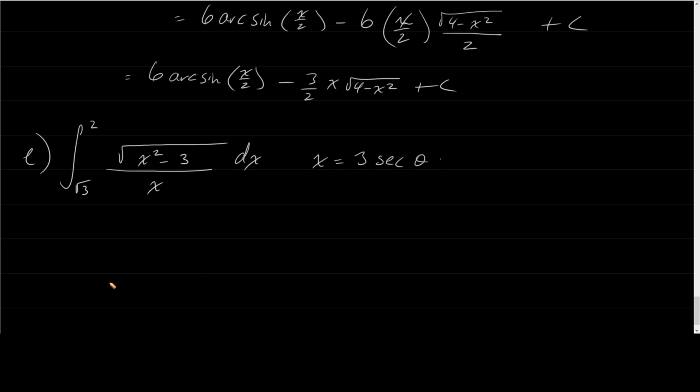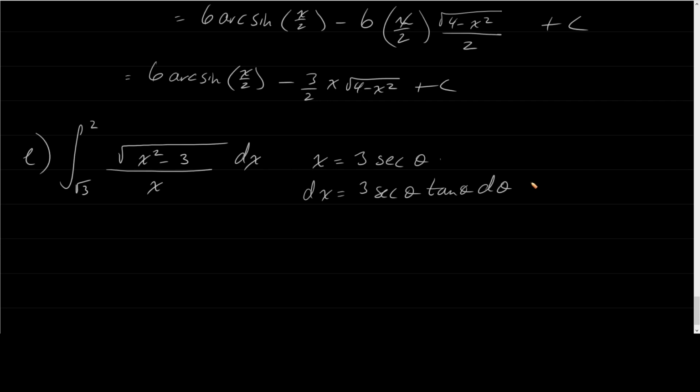That tells me dx is 3 secant theta tan theta d theta. But I also need to figure out the new values of our bounds.